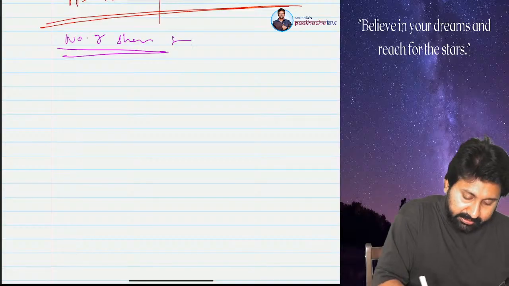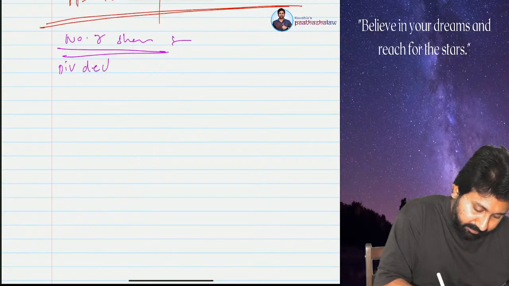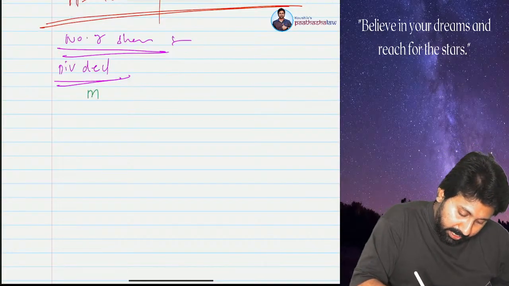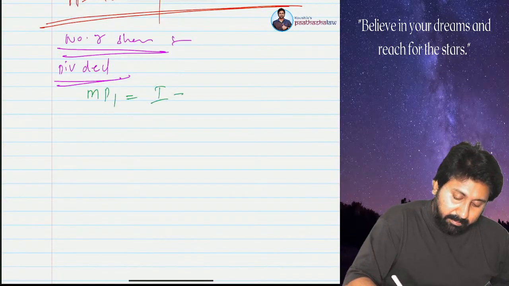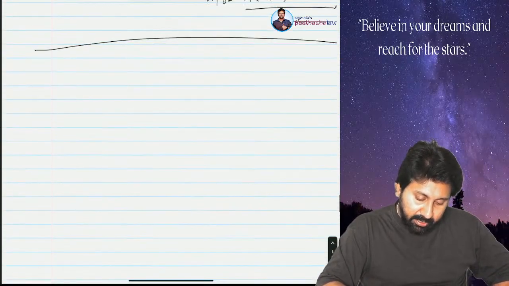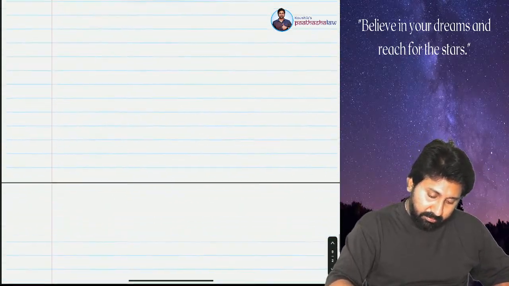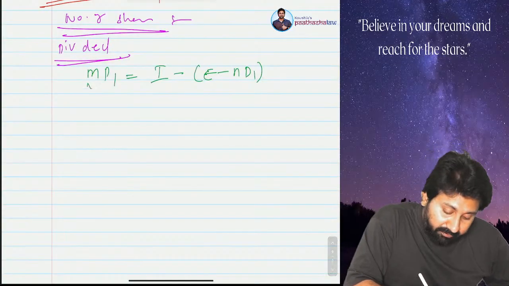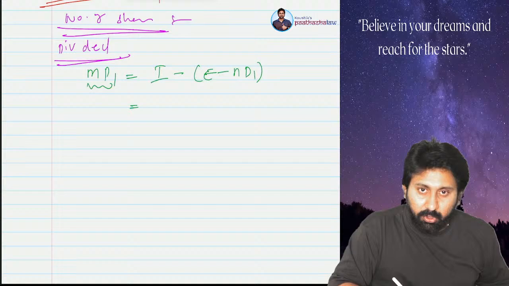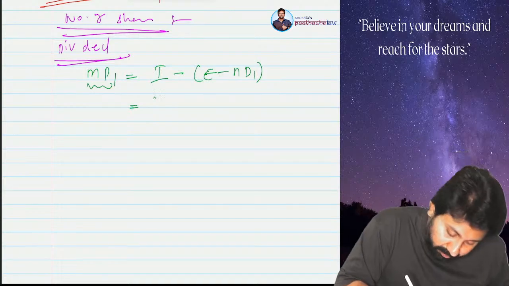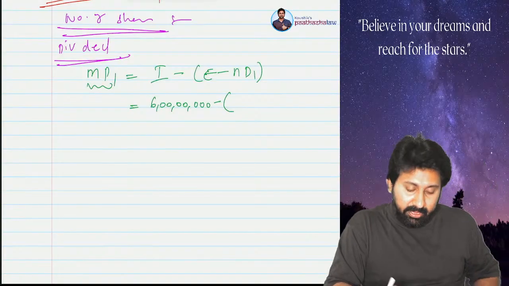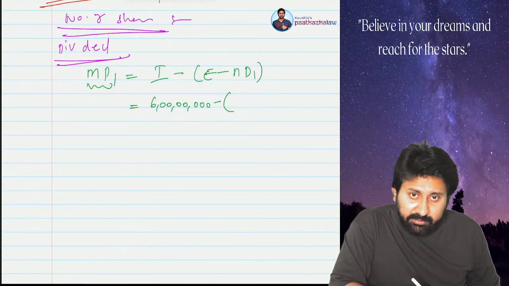Number of shares when dividend is declared: MP1 equal to I minus E minus ND1. How much amount do we need to raise? We are raising money to invest, so 6 crore is the investment.